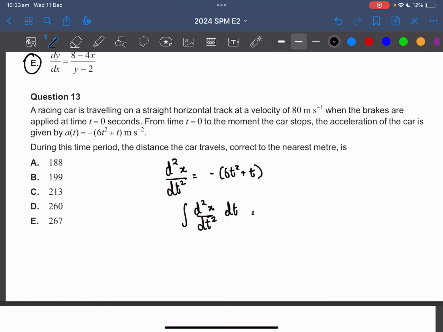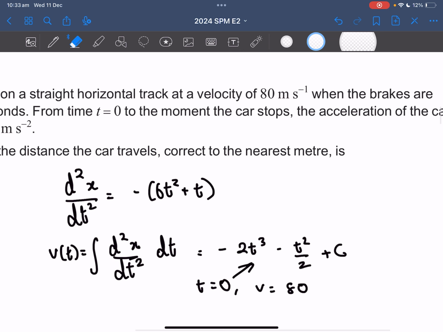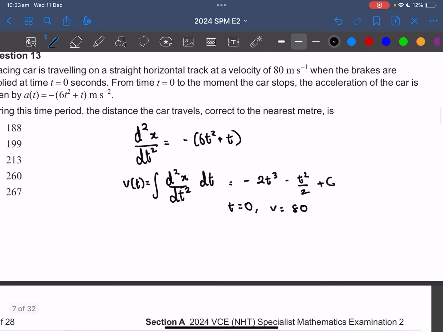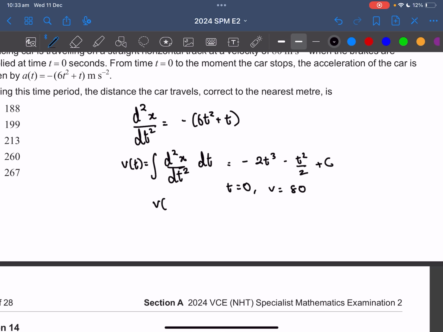So we will get minus 2t cubed minus t squared on 2 plus c, okay. Now we are also given that at t equals 0, our velocity is equal to 80. So what we just found is v of t, right? So by putting that in, we can see that our constant c is just going to be 80, right? So our velocity equation is just going to be negative 2t cubed take away t squared on 2 plus 80.